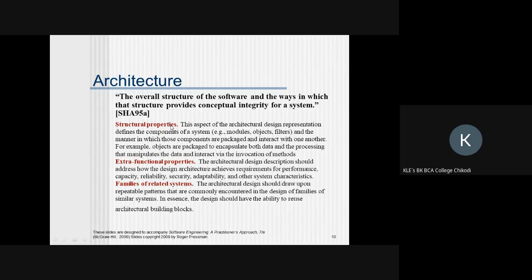Structural properties: this aspect of the structural design representation defines the components of the system. It means objects, filters, modules, and the manner in which those components are packaged and interact with one another, how they are communicating with each other.